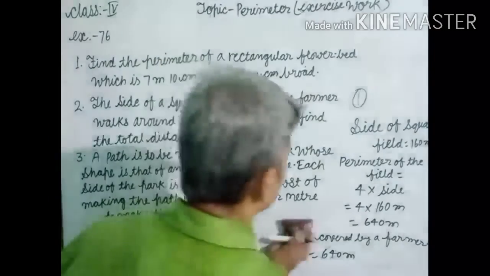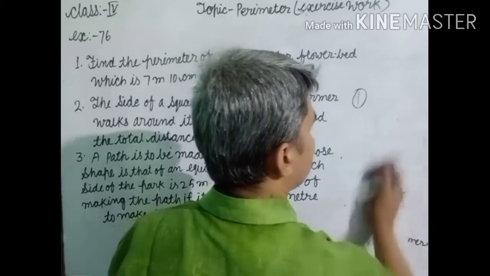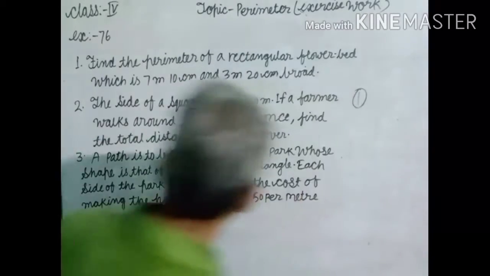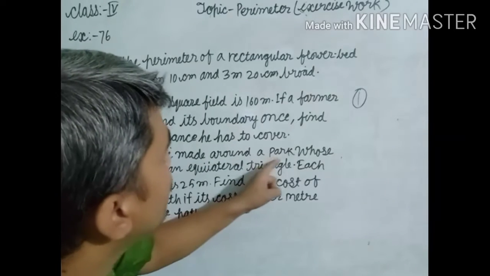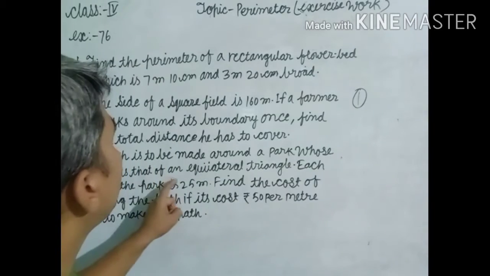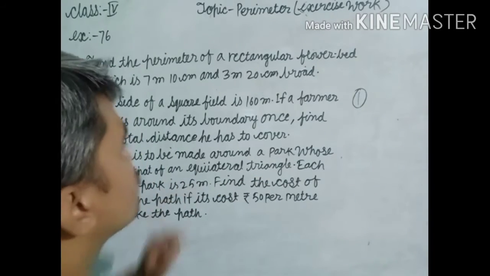So now let us discuss such questions. Dear students, this is a very good question for you. So watch carefully. A path is to be made around a park whose shape is that of an equilateral triangle. Each side of the park is 25 meters.